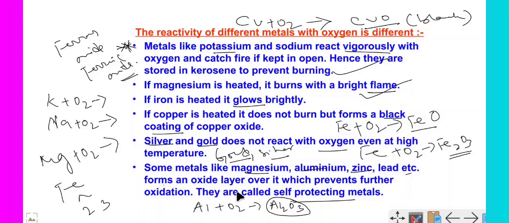It is a process by which oxygen is added to a chemical compound. So the oxides of these elements prevent the element from further oxidation, and they are called self-protecting metals.